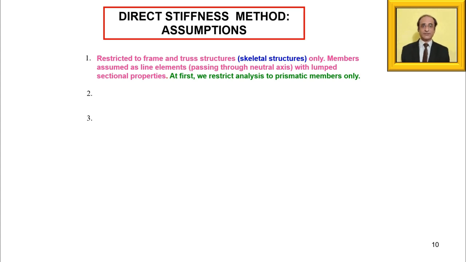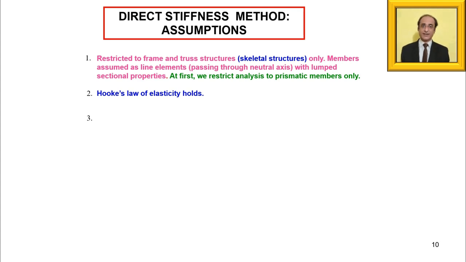Next, Hooke's law holds good. That is, stress and strain are proportional, and we assume they are connected by a linear relationship. So we don't assume any kind of material non-linearity. We assume materials are linearly elastic.